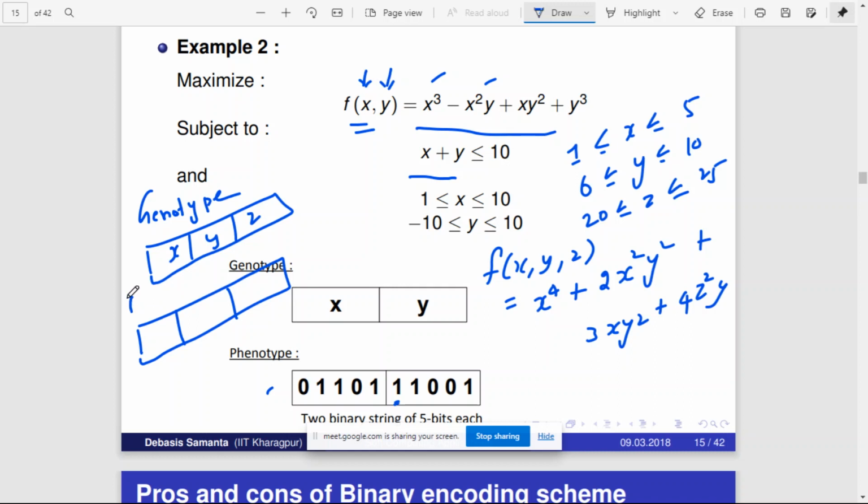Give one example for phenotype, for this genotype. Give any one possible phenotype for this genotype. Yes, these are the constraints. X should be between 1 and 5, Y should be between 6 and 10, and Z should be between 20 and 25.